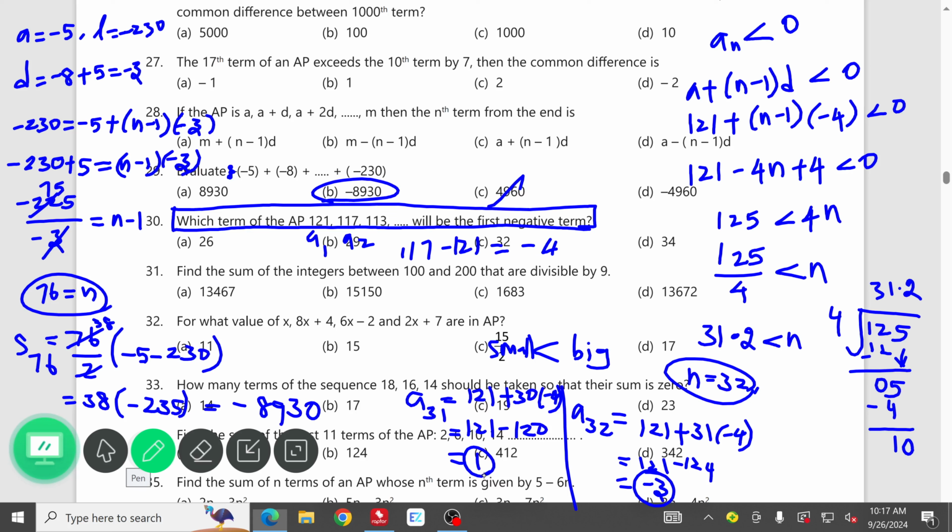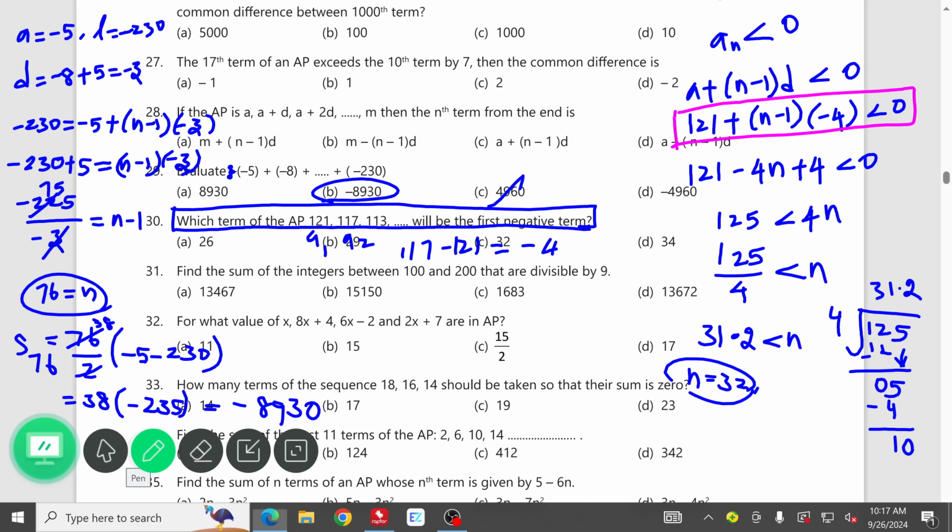Do you know the inequality symbols? Inequality means less than, greater than, less than or equal to, greater than or equal to. That is inequality. Now, where can you make a mistake? Here you can make a mistake.